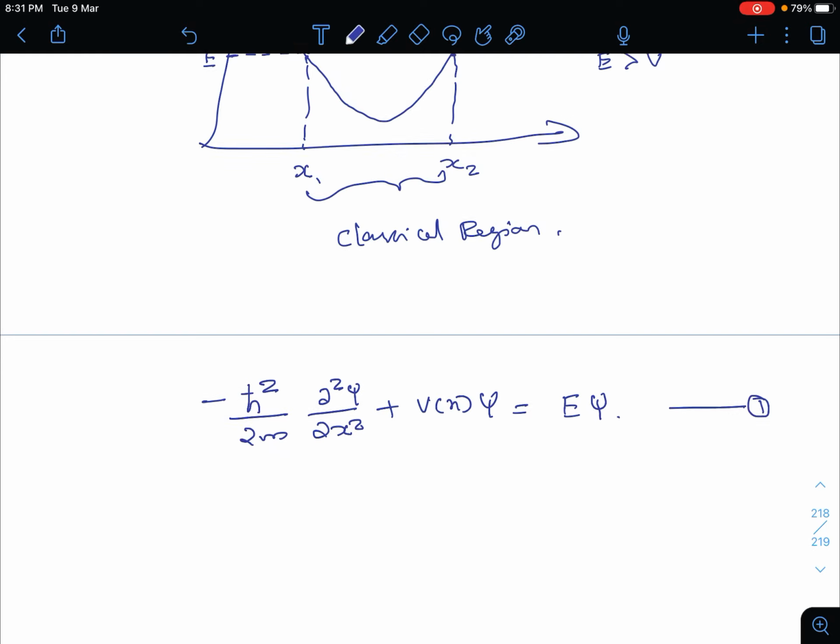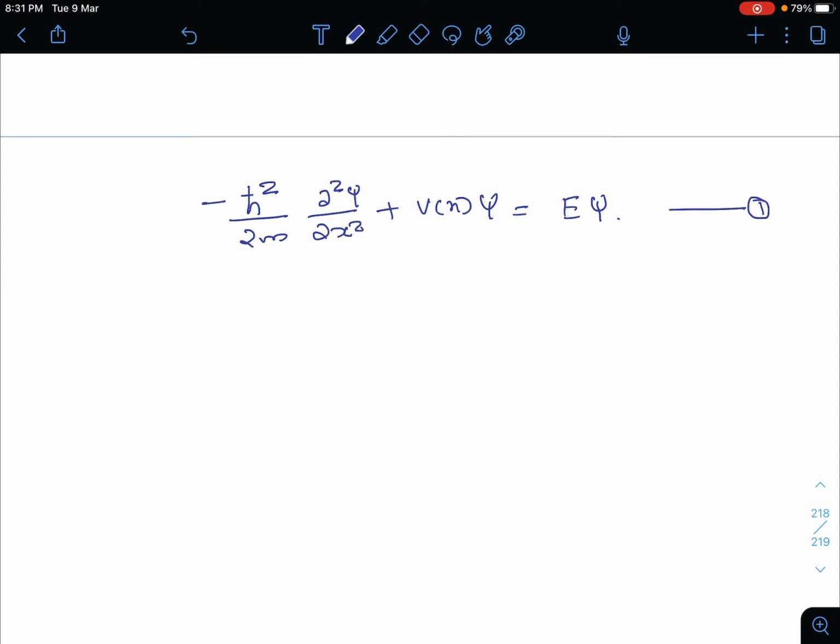Now this equation can be rearranged: dou square psi by dou x square is equal to minus 2m by h cross square into (E minus V) into psi.